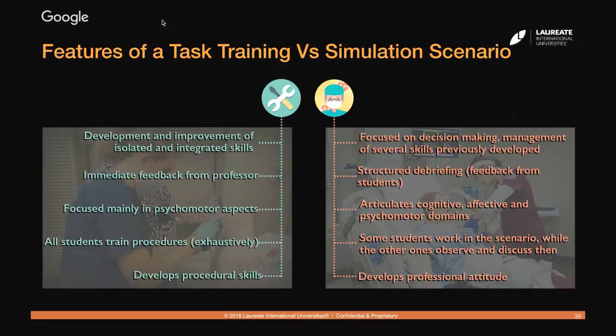But when we are in a simulation scenario, we are going to have some students or one student working in the scenario while the other ones are observing, and they're going to discuss the performance and how the scenario was developed during the debriefing, okay? And finally, test trainings are more focused on procedural skills, while scenarios are going to develop professional attitude.